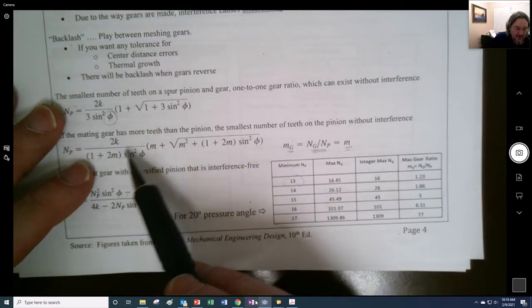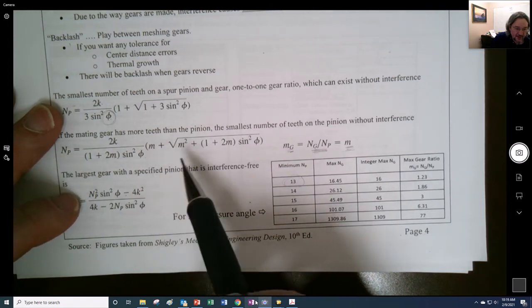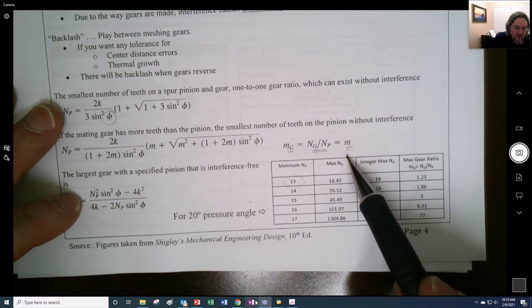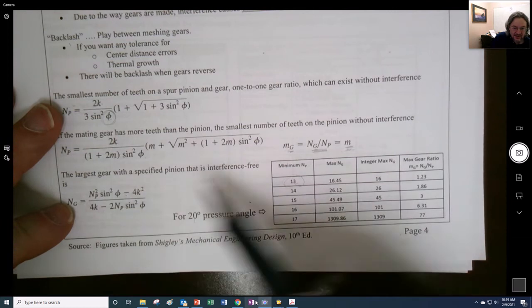So if we come back up into here and use 20 degrees, and we put 13 into this, let's see, did I say that the right way? Okay, so I put 13 into there.